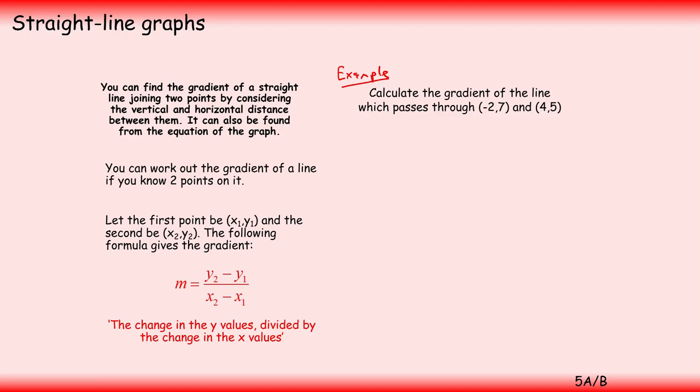So let's have a look at this example here. Calculate the gradient of the line which passes through the points -2, 7 and 4, 5. Now I always like to sketch just to have a look and see approximately where these points are.